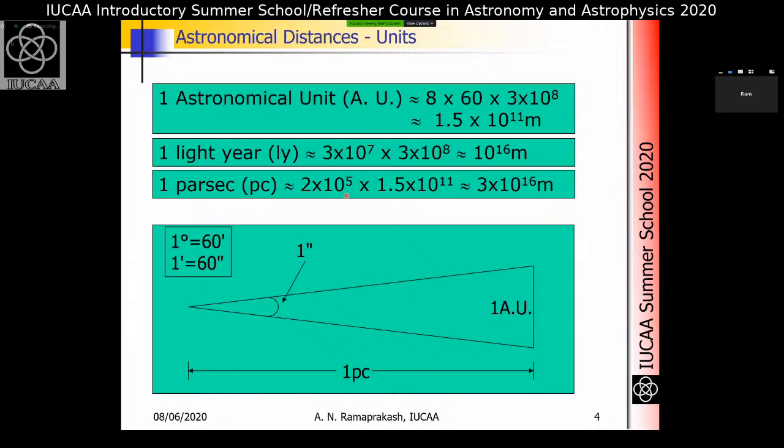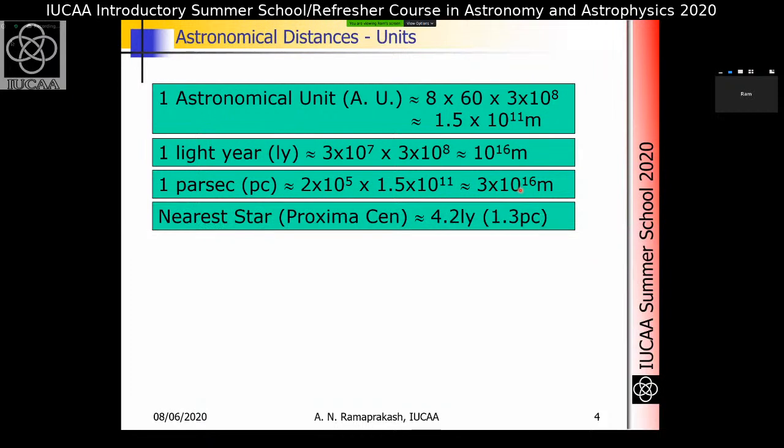So the angle in radians, that is, the angle in arc seconds converted to radians, multiplied by that stick size. So that is about 3 1/4 times a light year. And that distance is called 1 parsec, usually written as 1 pc. So astronomers very often use a parsec as a unit of measurement. It is about 3 1/4 times a light year.